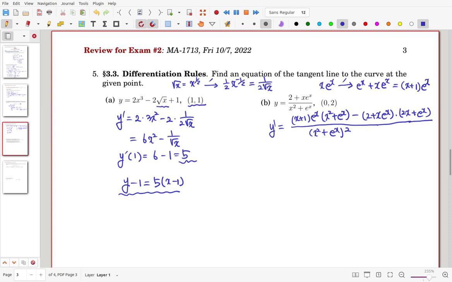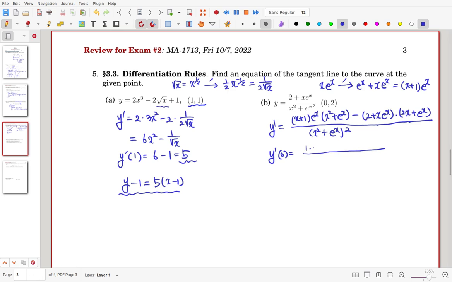Okay, we have that derivative, and when x equals 0, y is 2, so we have to evaluate this slope at x equals 0. So if x is 0, then that will be 1.